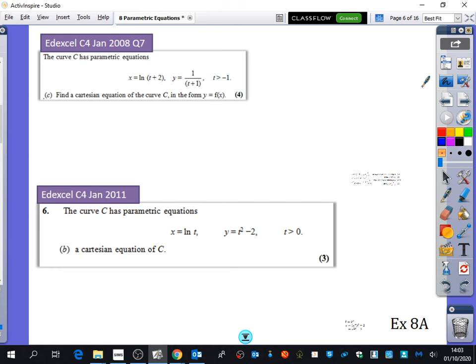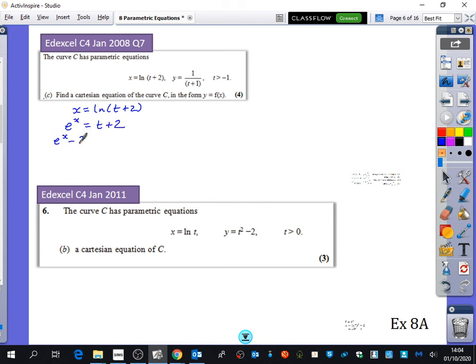Okay, so we've got a couple of questions here. I think we'll do them together, especially with the stuff to do with logs. If you want to just attempt them yourself, you can do. So we're going to try and do the Cartesian equation of these ones we've got here. It's very similar to the one we had before. So I'm going to make t the subject of this by raising e to the power: e to the x is t plus 2.